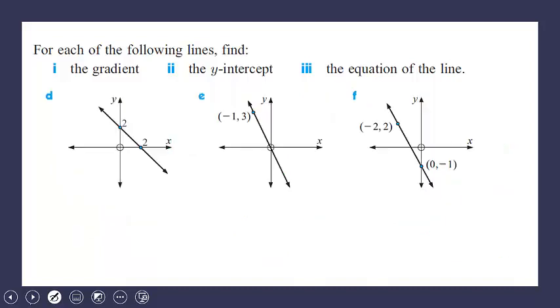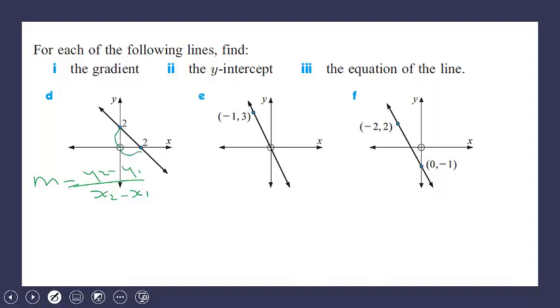Question D, find the gradient. M equals y2 minus y1 over x2 minus x1. So if we wanted to hop, are you able to hop on a grid like this without the lines? Okay, so it's 2 down and 2 to the right.